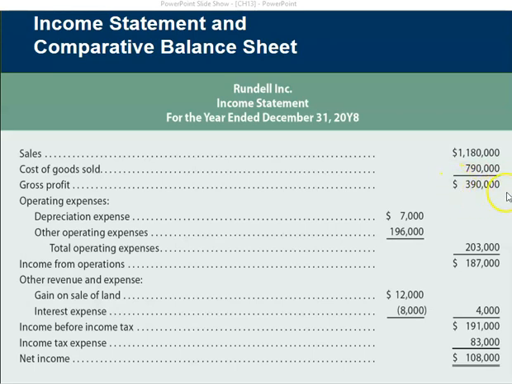We have gross profit almost 400,000, and income from operations of 187,000. Well, the fact that we've got net income of 108,000, we're going to have some adjustments to the cash account, no doubt, but we're going to start off with net income. That's always going to be our starting point using the indirect method of reconciling where the cash came from for the period.